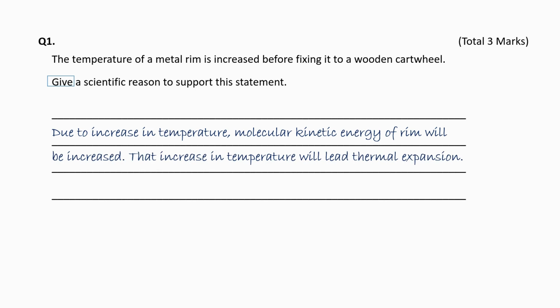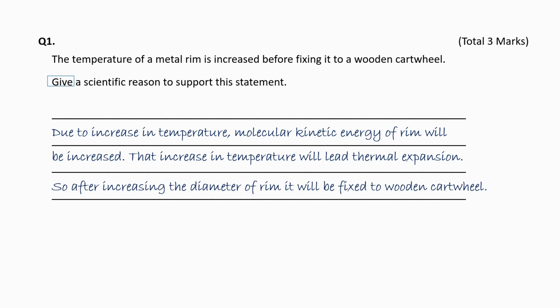Due to that thermal expansion, the diameter of the metal rim increases, and the rim will be fixed to the wooden cartwheel. That is the main reason why the temperature of the metal rim needs to be increased.